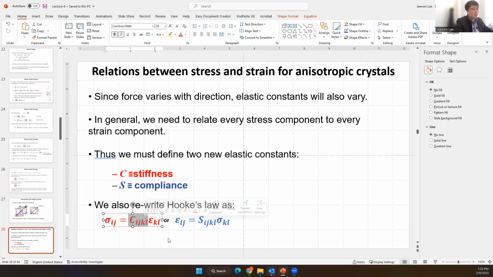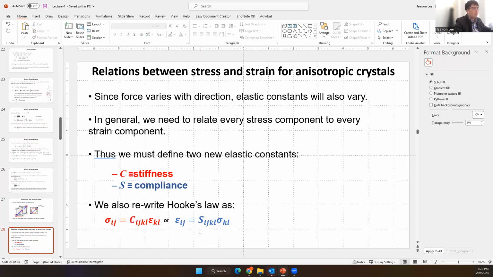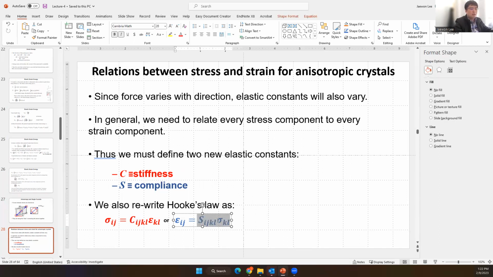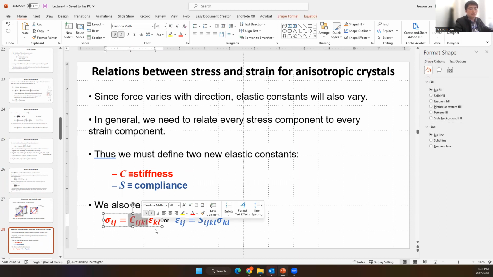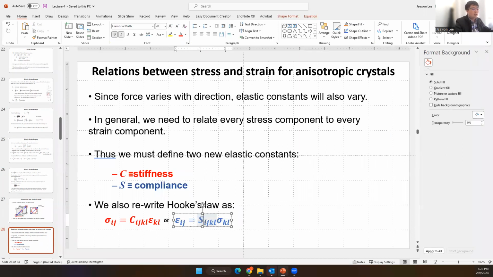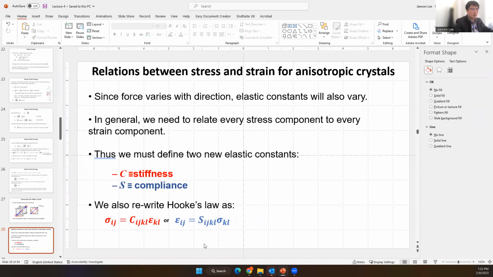Stiffness is expressed like that, and compliance is expressed as this. To simplify the tensor, we use stress ij and strain kl. At that time, stiffness would be expressed by C ijkl, and compliance is also ijkl. Do you understand?